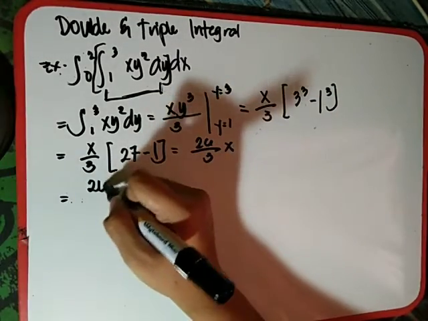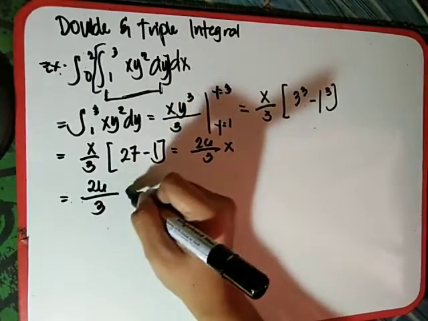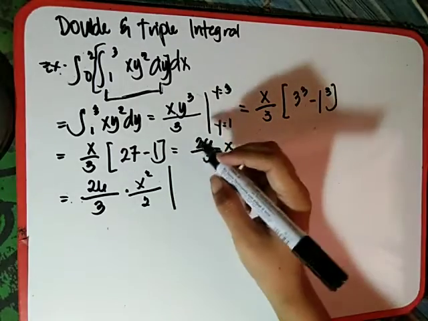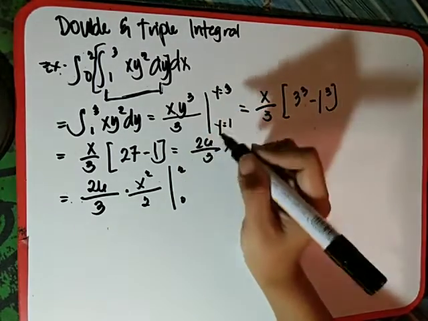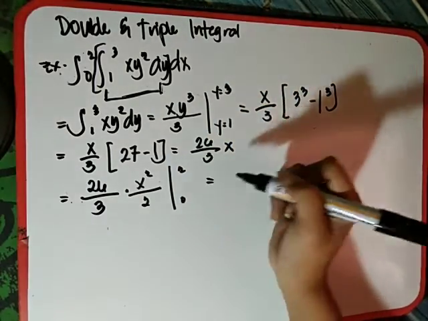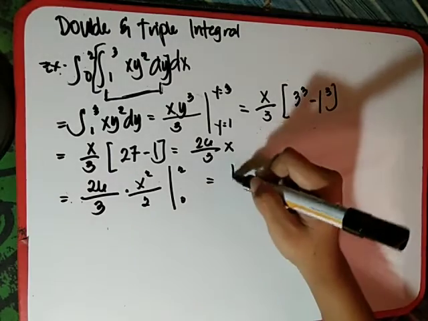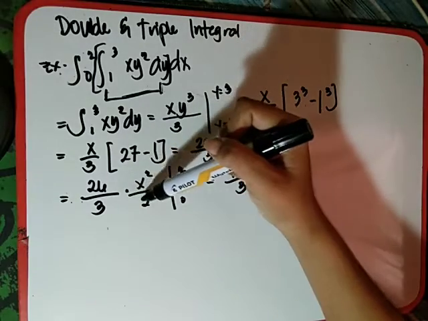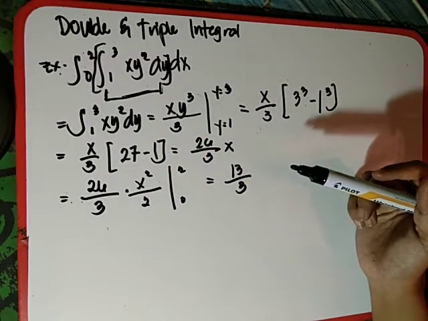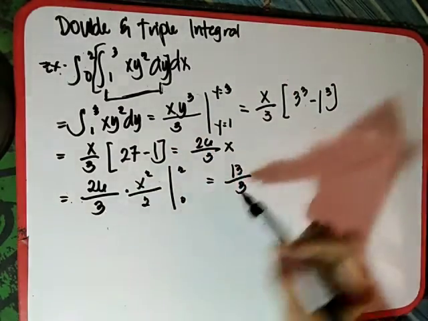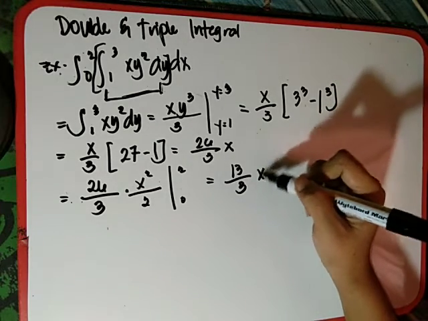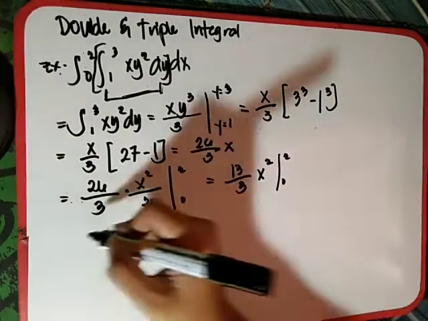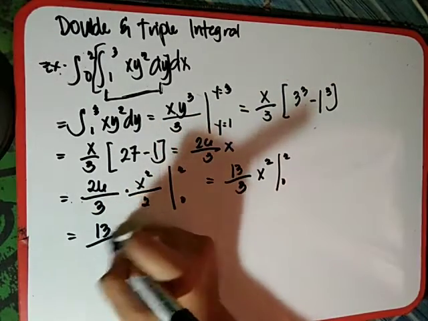We have 26 over 3 multiplied by x squared over 2, with limits of 0 to 2, so we have equal to 13 over 3, because 26 divided by 2 is 13, over 3 x squared, 0 to 2.